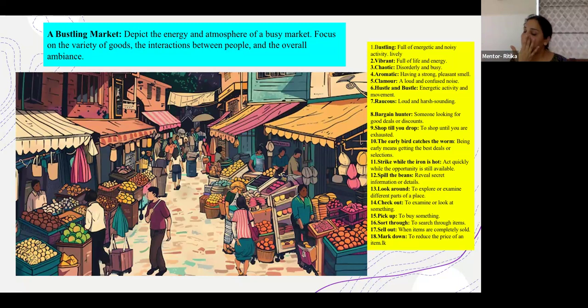Because bazaars definitely give you a hang of how people behave, and get a glimpse or a hint of the various cultures also, isn't it? And how these bazaars also reflect the influence of various cultures, isn't it? So this is all about it.